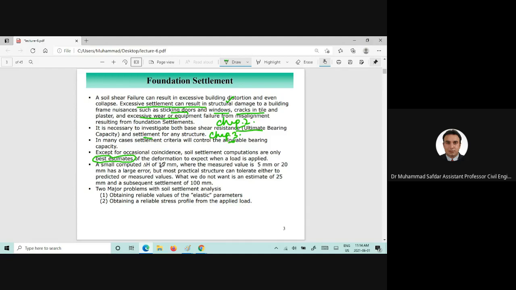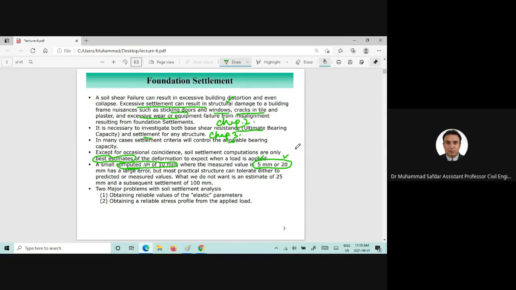For example, if we compute the settlement of the foundation to be 10 millimeters, it is okay if we are not measuring more accurately. If the real settlement is, for example, 5 millimeters or 20 millimeters, the foundation can handle those variations between the estimate and reality.